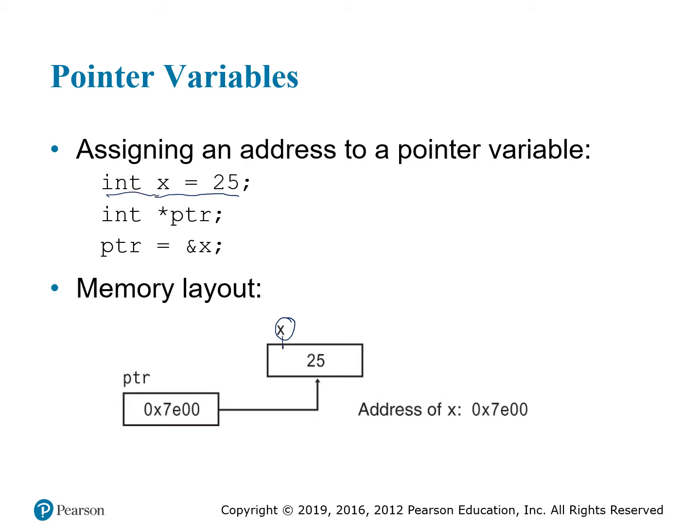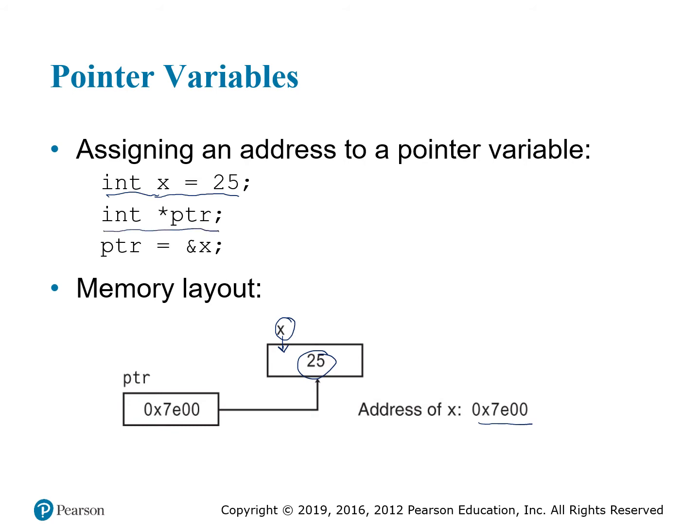It's going to point to this memory location, and then we're going to stuff the value 25 into that memory location. But we currently don't know what the address of that is. The system does. The system knows that the address of x is 7E00. But we don't know that until we define a pointer.